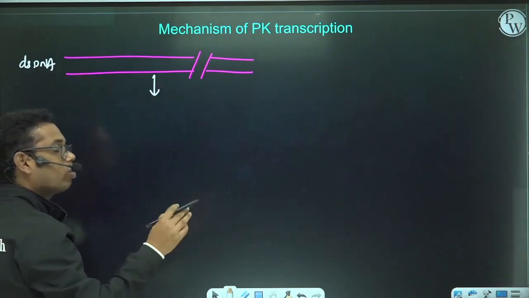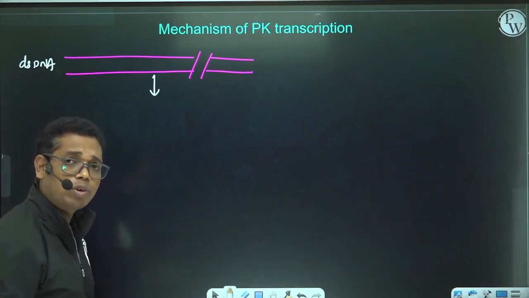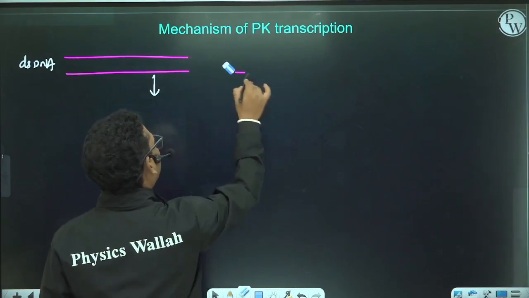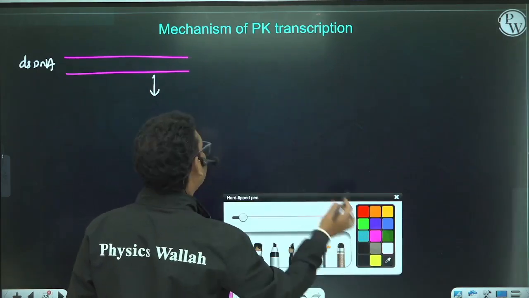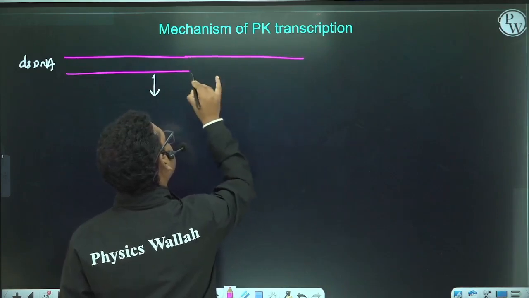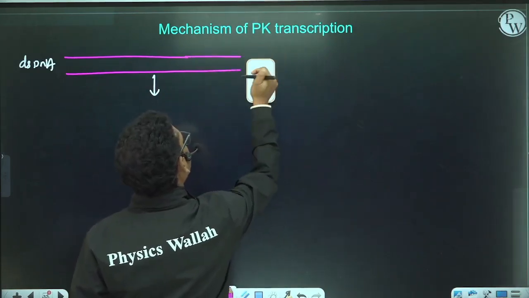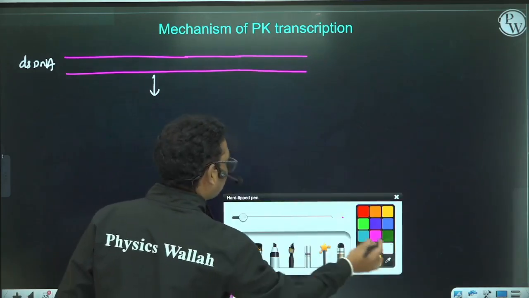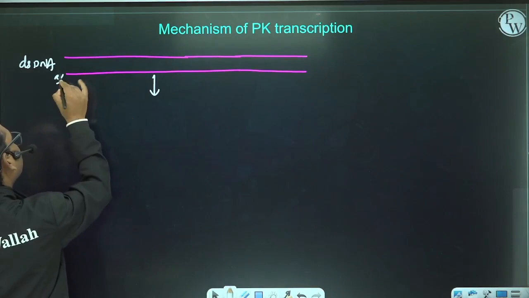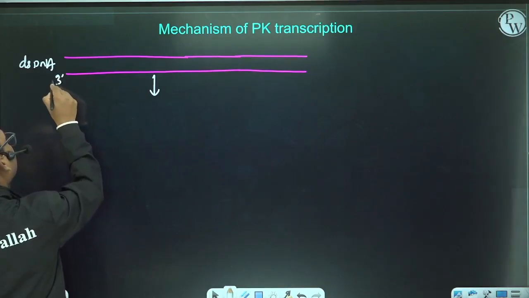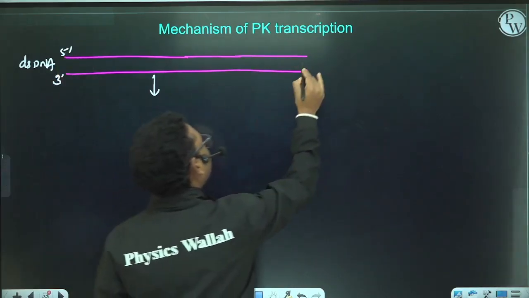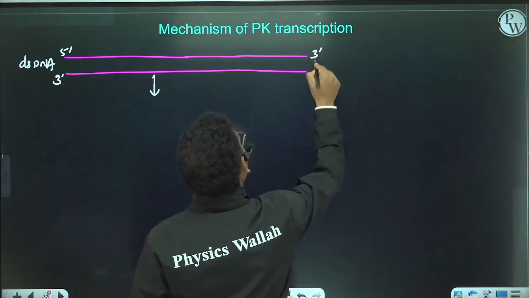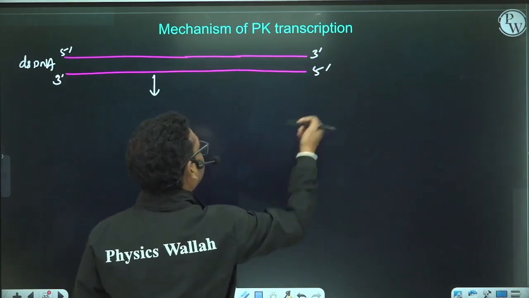The RNA polymerase will go and bind to the promoter. Let me write like this only to avoid confusion. Suppose this is the 3' end and this is the 5' end, right?